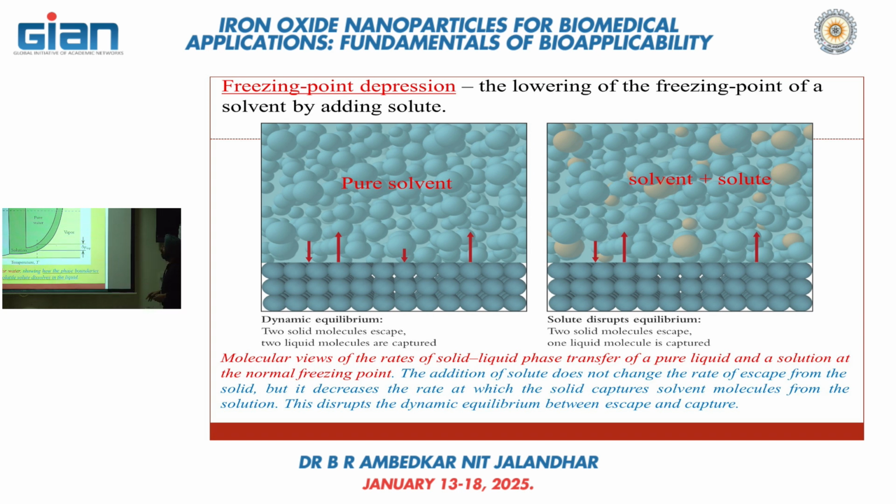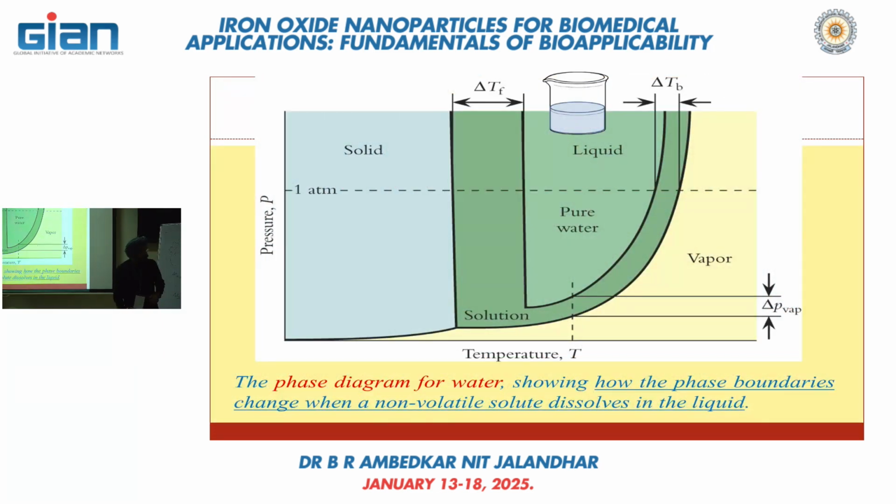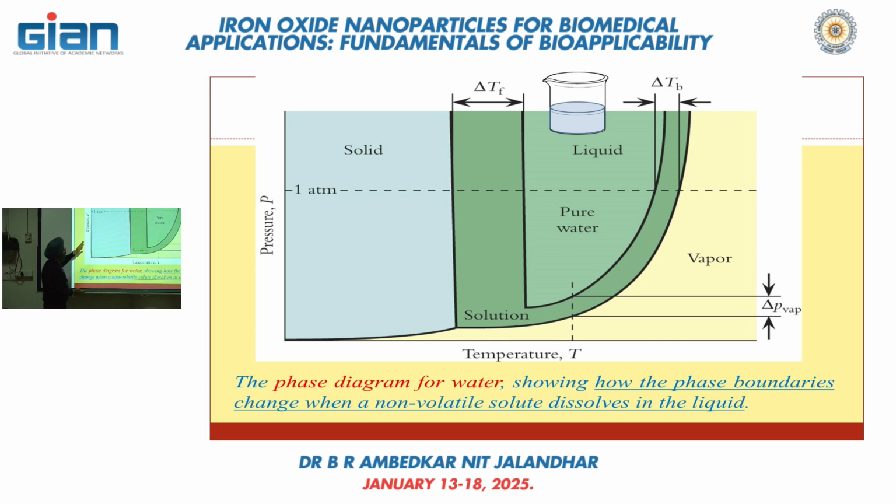This is a very important phase diagram of water. Actually, I wanted to draw it, but I'm going to leave it. Suppose you are dealing with a solution at 1 atmosphere. When you increase the temperature on the x-axis, you keep the constant 1 atmosphere pressure as you have now in this room, right?